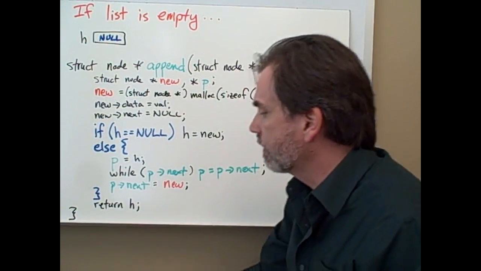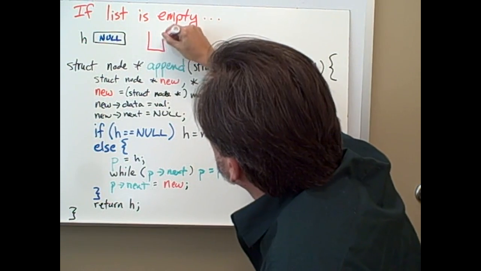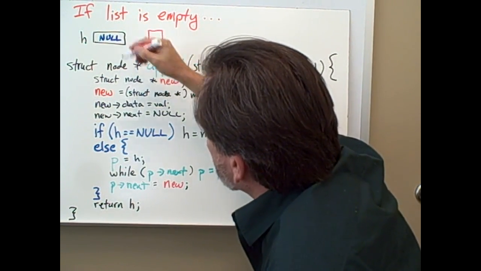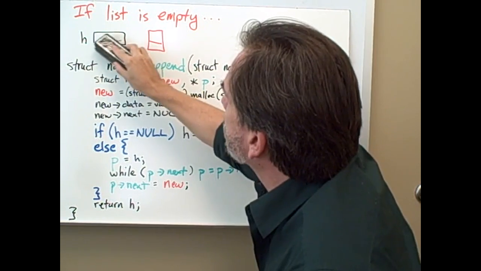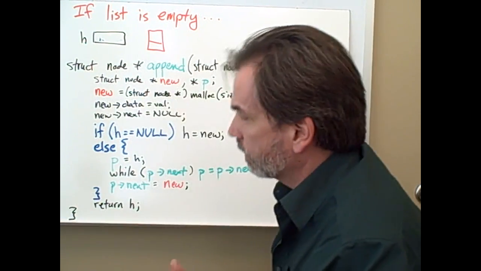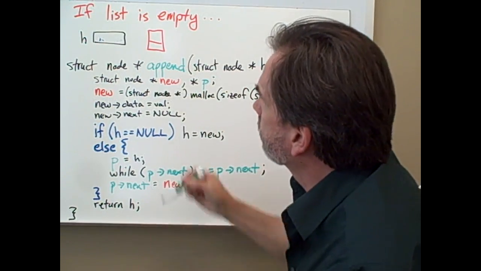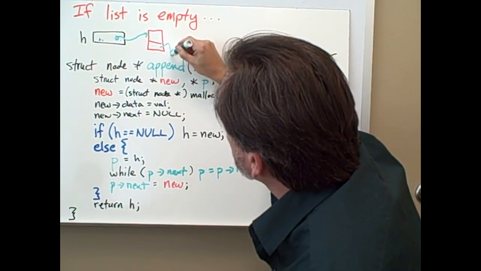Okay, so h is null, and what we want is to again create our new node and then make h, instead of being null, point to the new node here. So, a different color. Right? That's what we want.